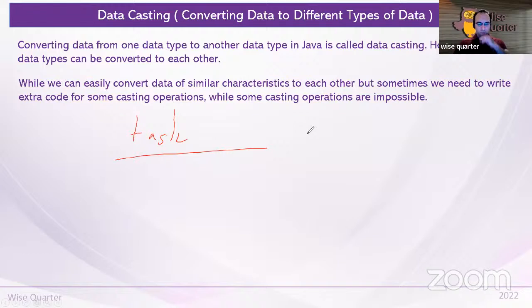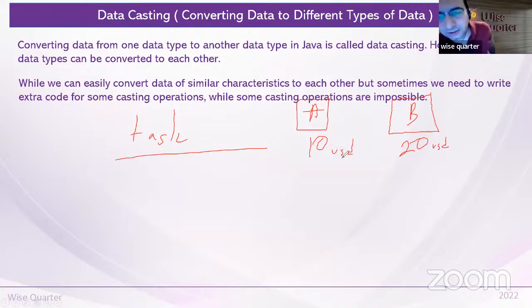Product A's price is 10. Product B has 20 USD as a price. But most of the time, developers will print them as a string.